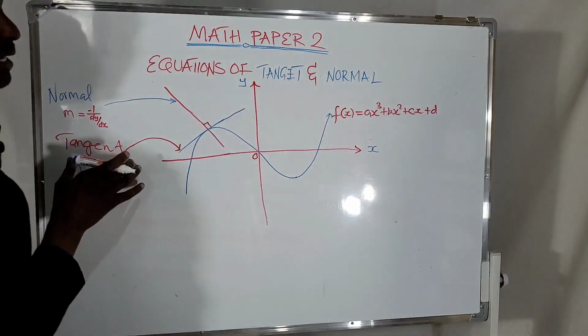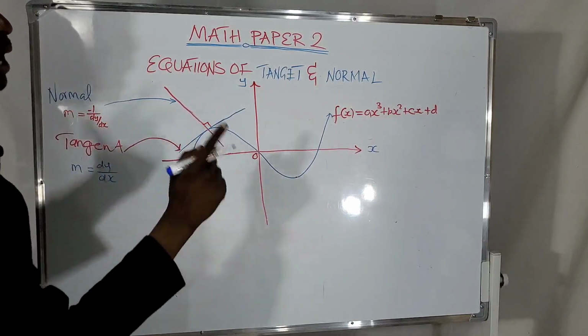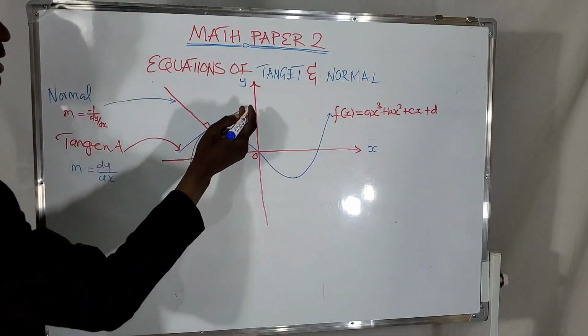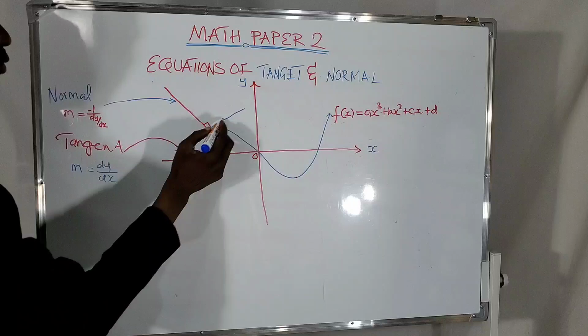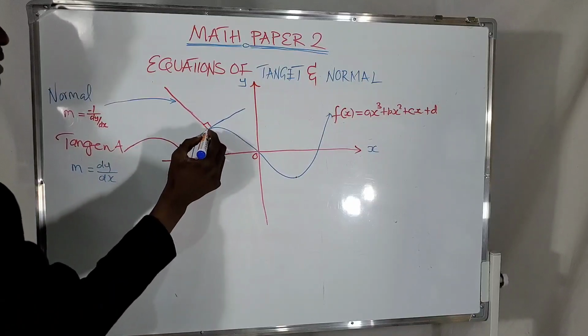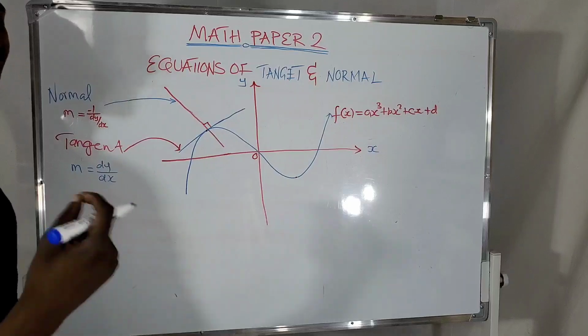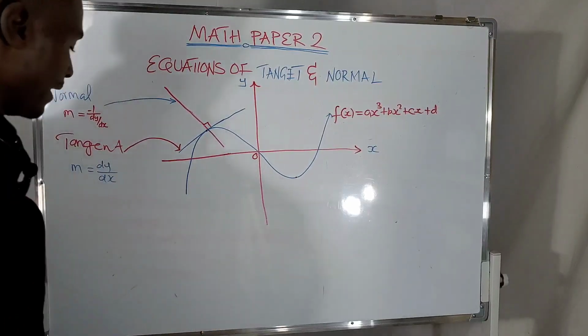A tangent line is the line that touches a circle at a single point. The blue line here is touching the circle at a single point. That is a tangent line.